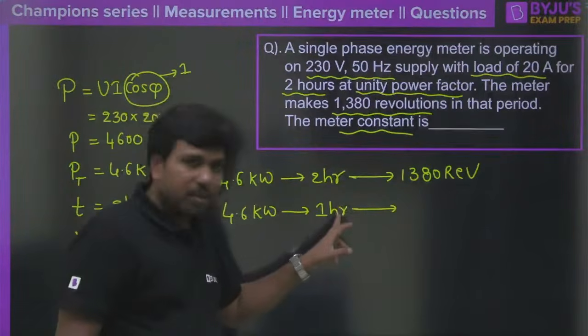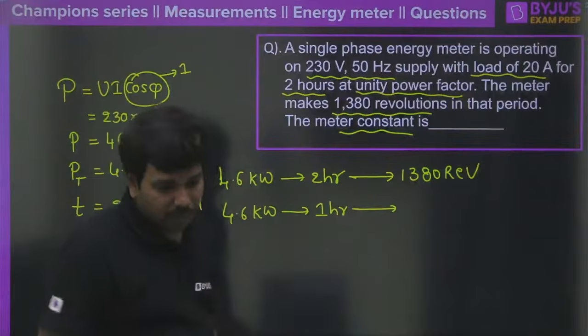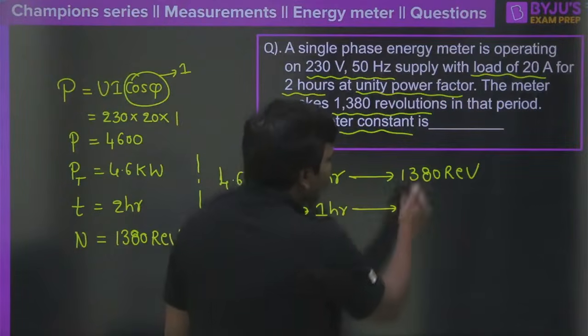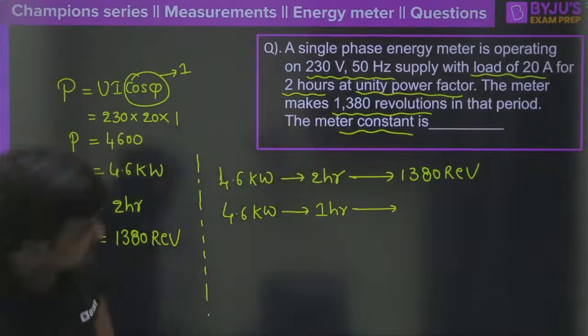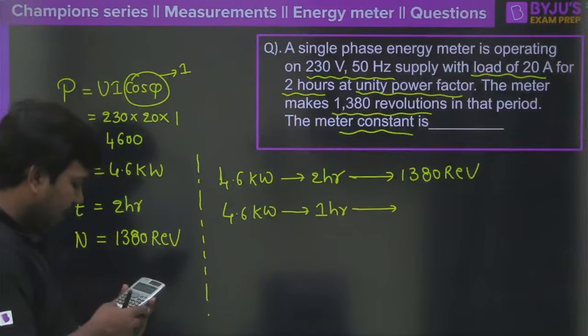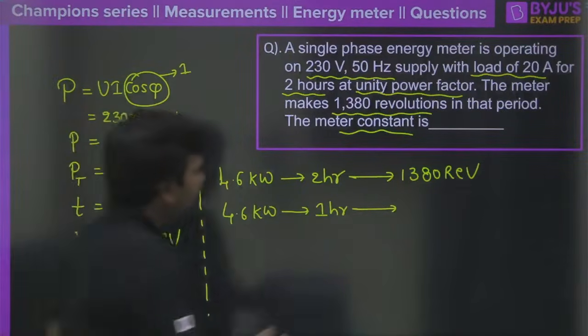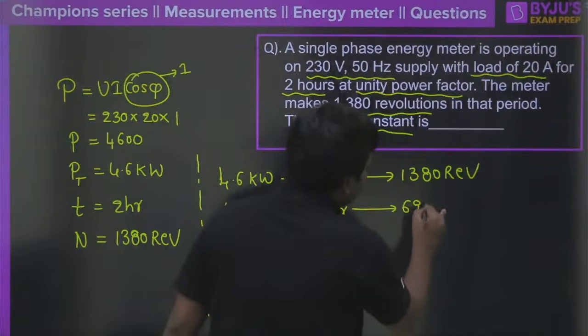So for 1 hour, how much will it be? 1380 divided by 2, half, right? So it is equal to 690 revolutions, isn't it?